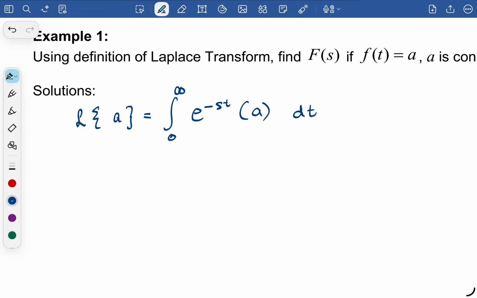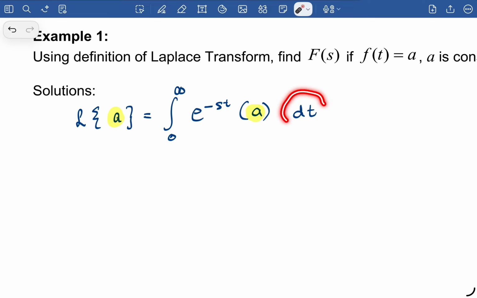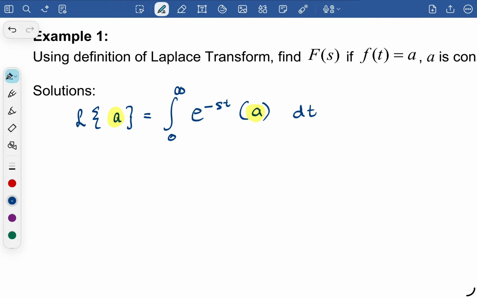So this is how we use the formula. The a here, we put it here. Since a is a constant and the integration is done with respect to t here, we can take the constant out from the integral like this. So we will have only e^(-st) dt. And notice that we have the symbol of infinity here.